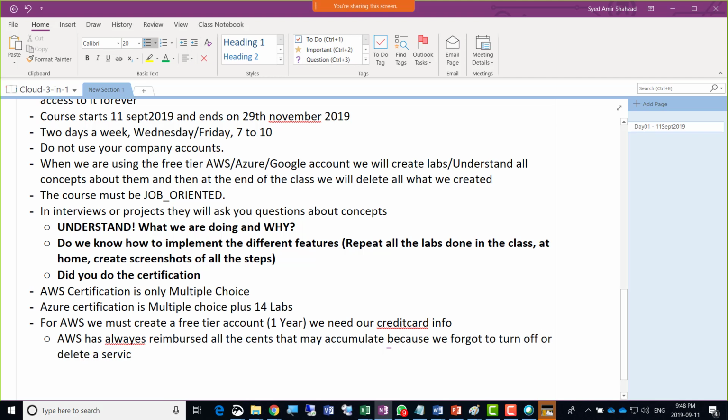So we will learn how to be responsible administrators in this course as well. They always reimburse all the fees there.